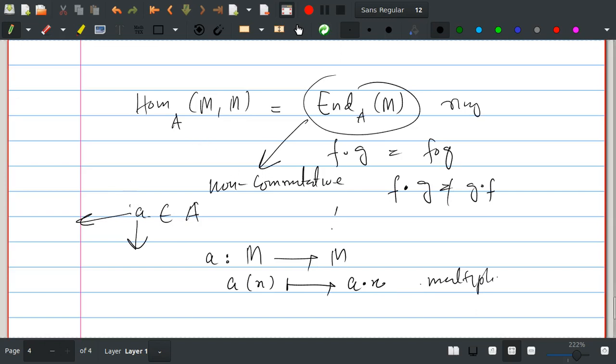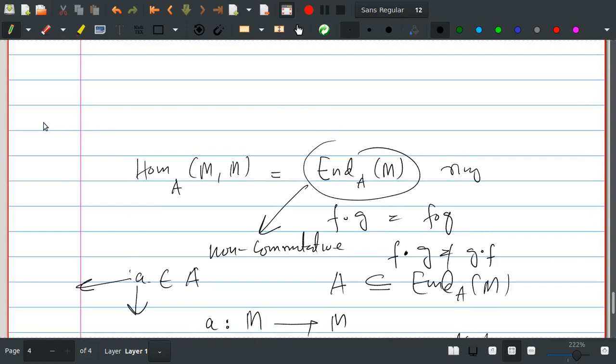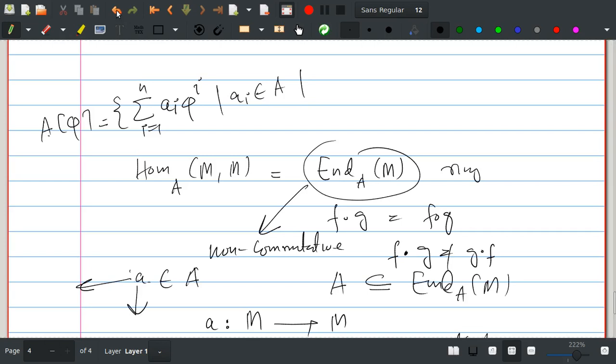So A is contained in some sense in this ring, the endomorphism ring of M. Now if each element of A is an endomorphism, then so is this ring, I mean the ring A adjoined with this phi, which contains the elements of the form a_i phi to the power i, where i runs from 1 to n. This a_i is in A, and this n is a natural number.